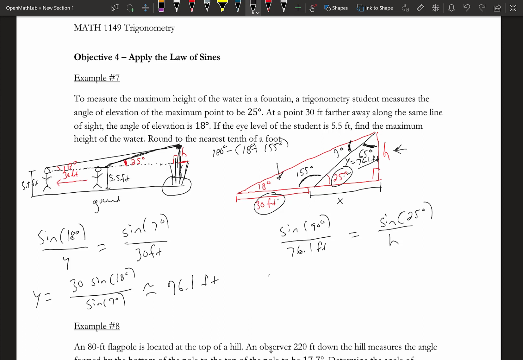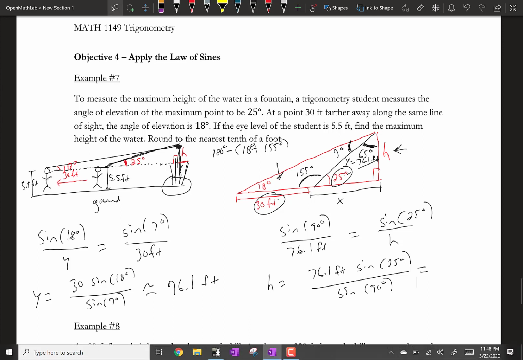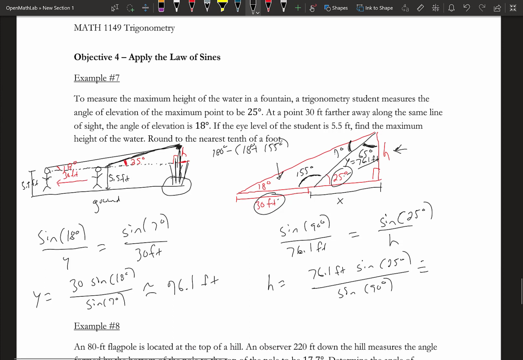So h would equal 76.1 feet times sine of 25 degrees, all divided by sine of 90 degrees. Sine of 90 degrees is 1, so I don't have to worry about the denominator. This comes out to be 32.148.